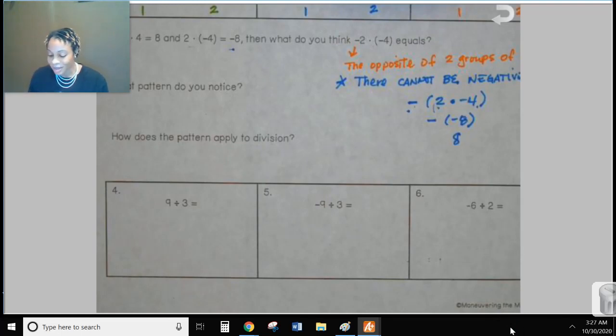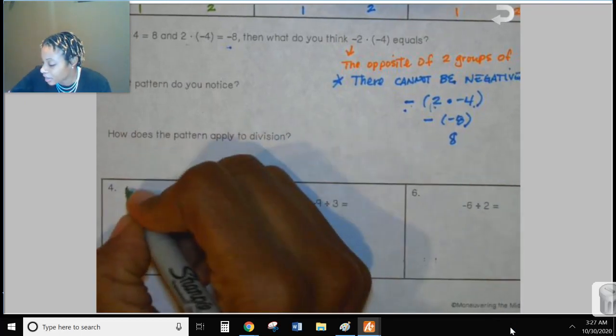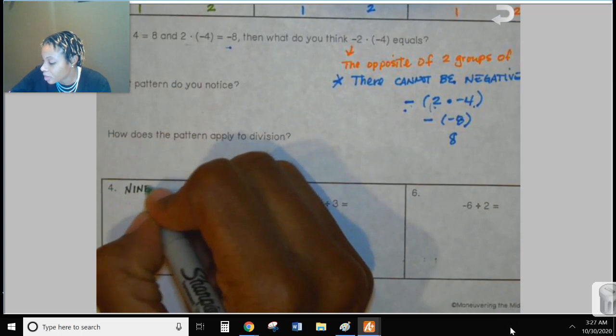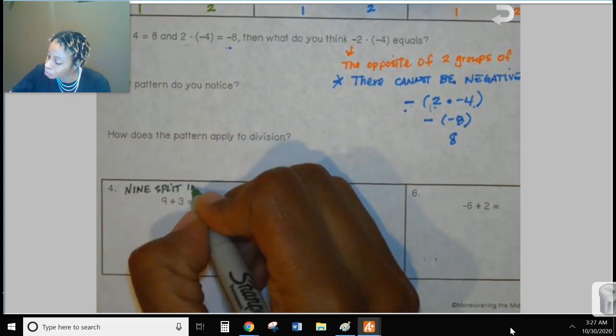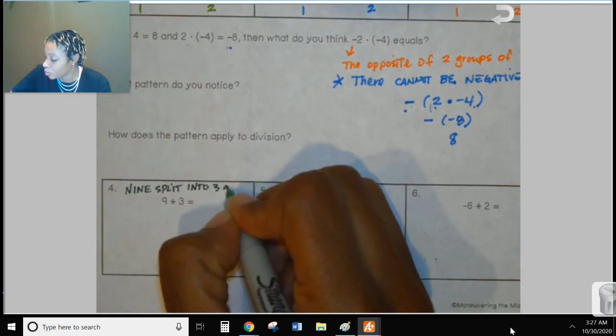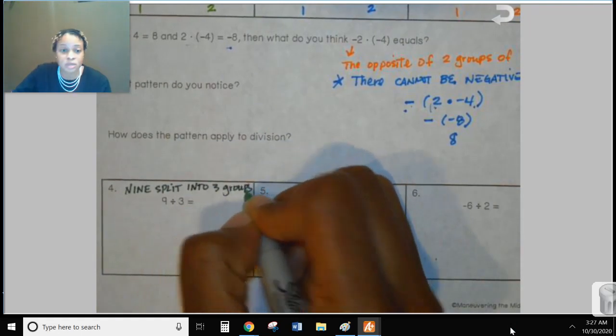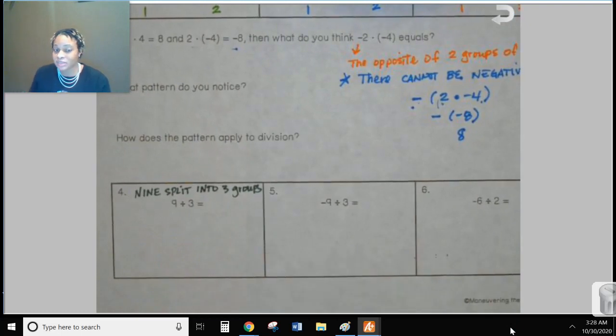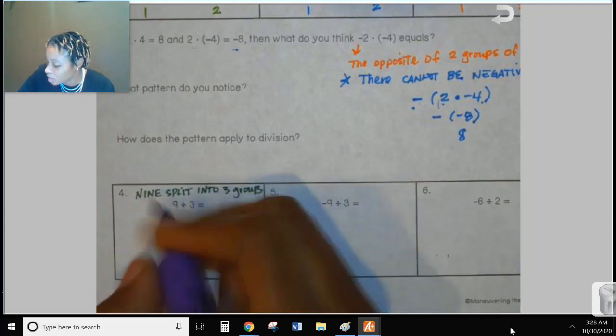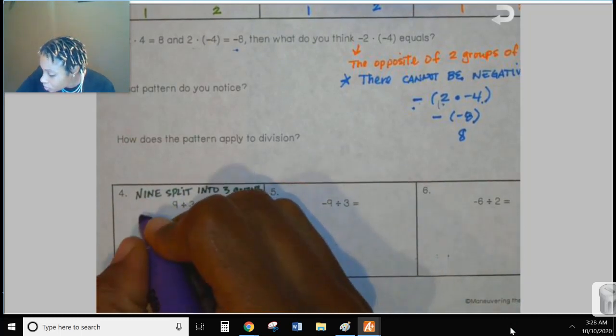First is 9 divided by 3, which we're going to rewrite as 9 split into 3 groups. Okay, so we're going to group these. Division is about grouping. So 9 split into 3 groups. So first, this is a positive 9, so I'm going to draw 9 circles.